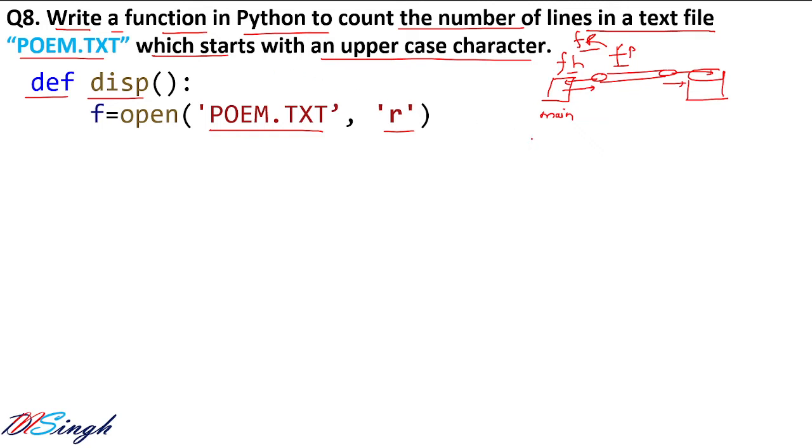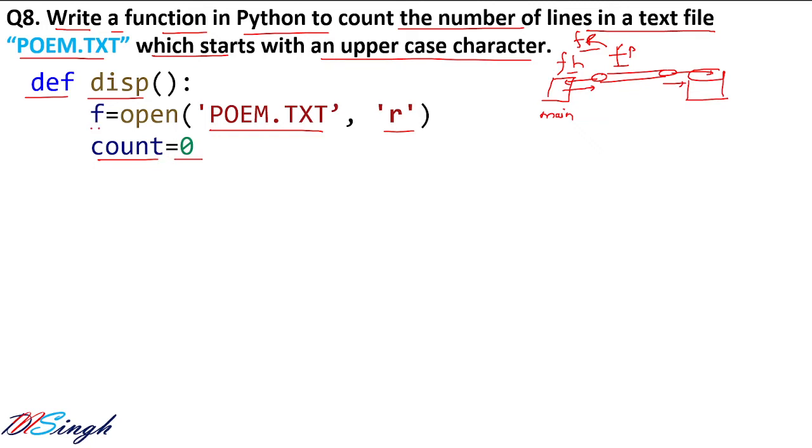For that purpose, first we need to go line by line, and somewhere we need to hold the value. What value? If there is more than one line, we need to maintain a counter, a variable in which we hold the number of lines which are starting with capital or uppercase letters. So we will declare a variable called count, which is initialized to 0 in the beginning.